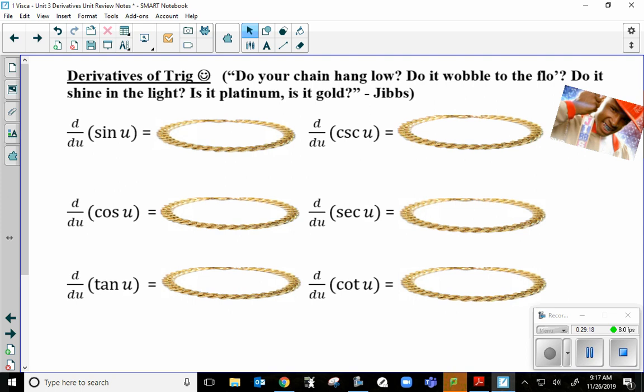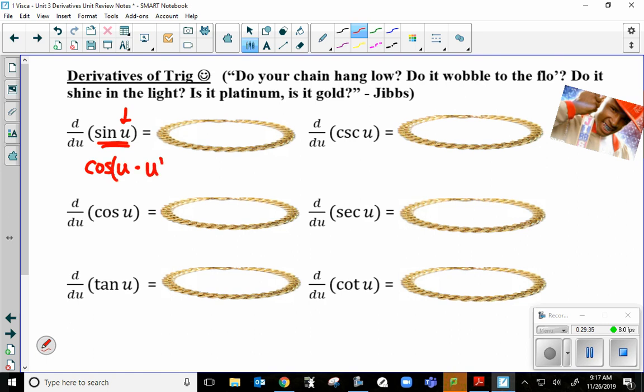But why do I have that? Because of the chain rule, okay? What is the derivative of sine? The derivative of sine of u, for any value of u, is cosine of u times whatever the derivative of u is. Notice I put those parentheses there.